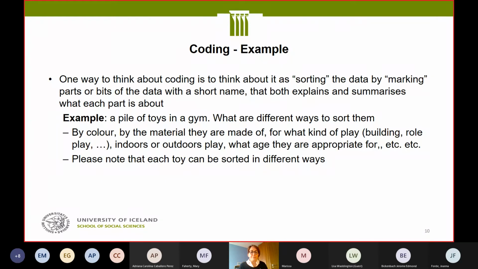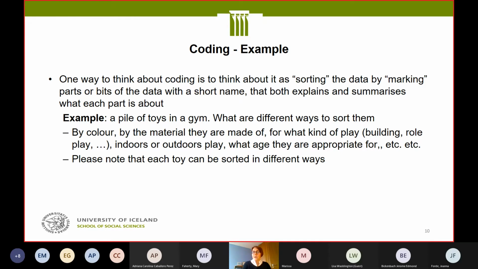Here's an example, a sort of metaphor, to help you think about how you do this. One way to think about the sorting of the data, by marking parts or bits of it with short names that explain and summarize what each part is about: envision a big gymnasium with a large pile of children's toys.